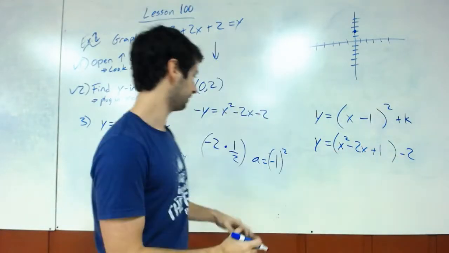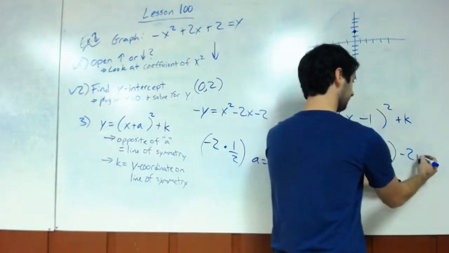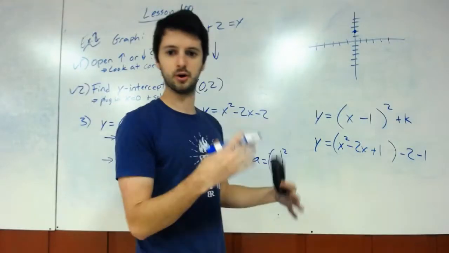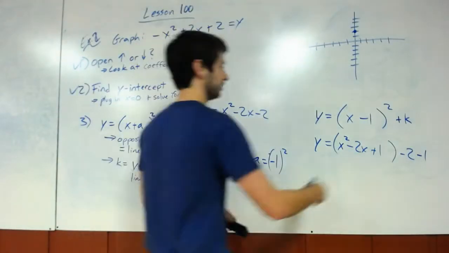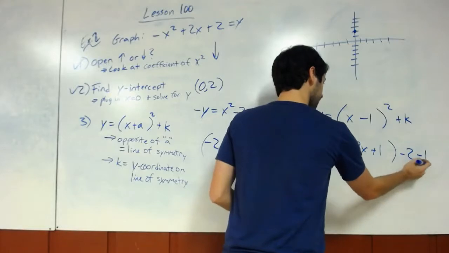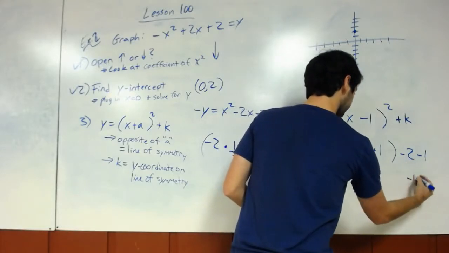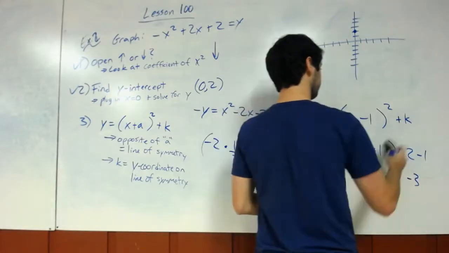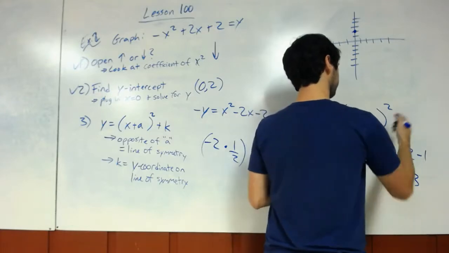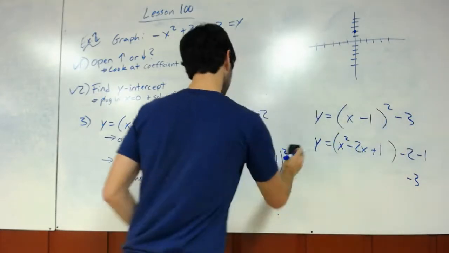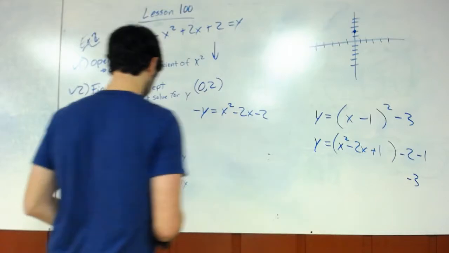So we plug in a positive 1 and a negative 1, remember, because we have to add a total of 0. So negative 2 minus 1, that's a negative 3 for k. Negative 3 for k.